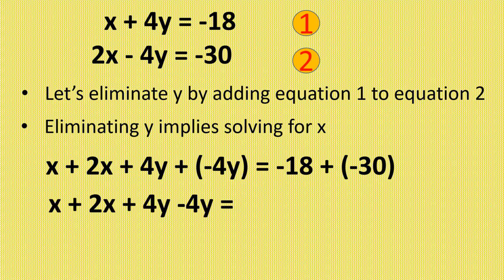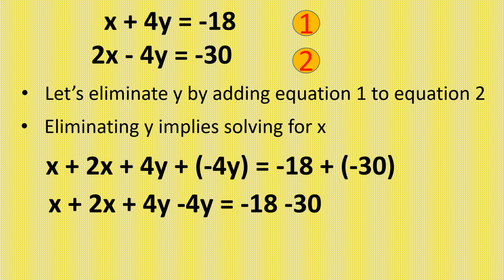We'll expand and simplify it further in order to solve for x, since our plan is to eliminate y. So we have x plus 2x plus 4y plus minus 4y is equal to minus 18 plus minus 30. When we open up the bracket, positive times negative becomes negative, so the plus minus 4y becomes minus 4y.